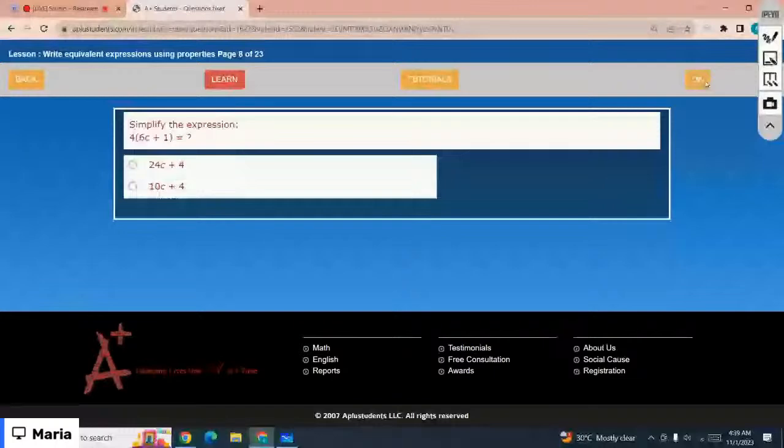Okay, the next one is simplify the expression 4 times 6c plus 1. So which is the correct option?